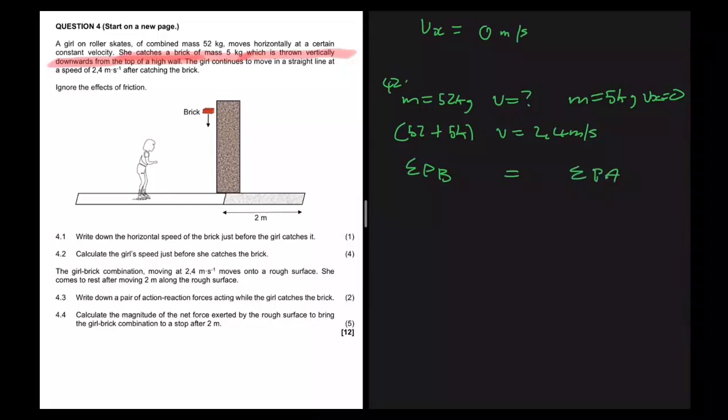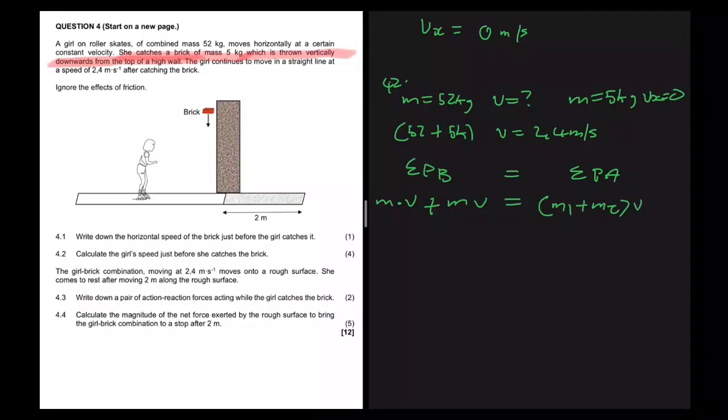Before, we have the mass of the girl, moving at a certain velocity, and that will be the momentum of the girl, plus the mass of the brick, moving at a certain velocity, and that will be the momentum of the brick. After the girl catches the brick, we now have m1 plus m2, the mass of the girl and the brick, moving at the same velocity.